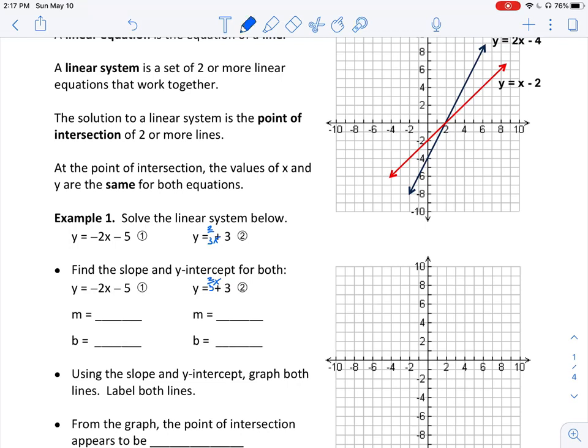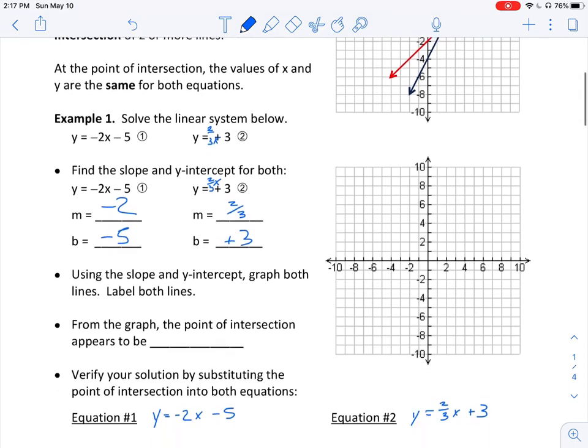My slope, or my m value, is negative 2, and my y-intercept is negative 5. My slope for the second equation is 2 over 3, not 3 over 2, and my y-intercept is positive 3.